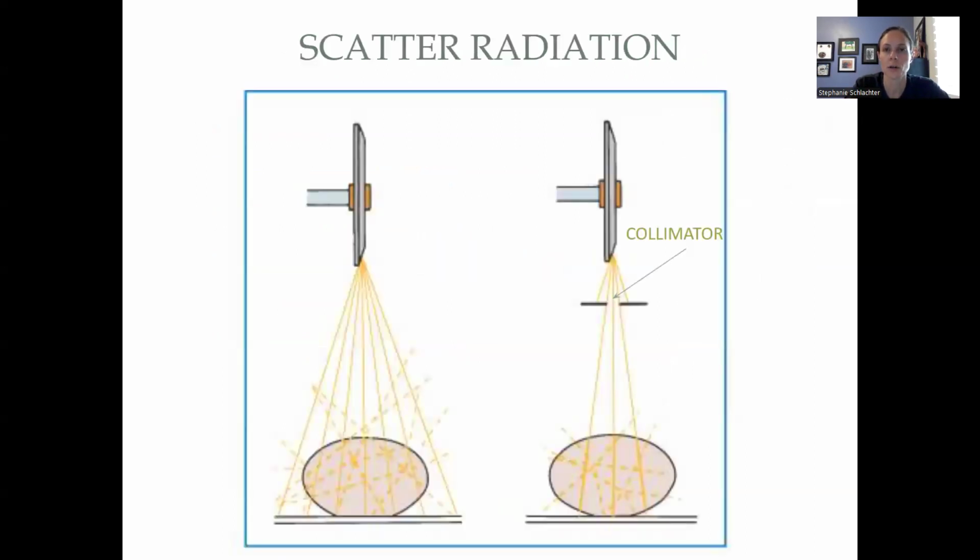All right. So this is just a picture showing us how much collimation will reduce the scatter in a situation with our patient, right? So you can see on the left, there's no collimation. There's lots and lots of scatter radiation because there's lots of X-rays floating around. We collimate it down, just looking at a specific area, and that scatter radiation reduces significantly.